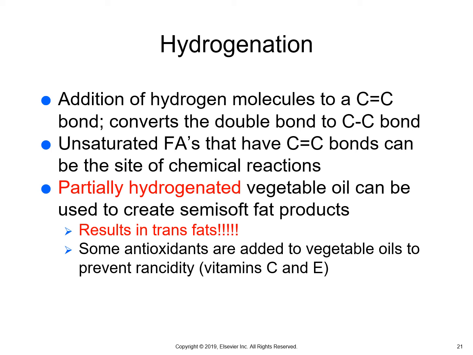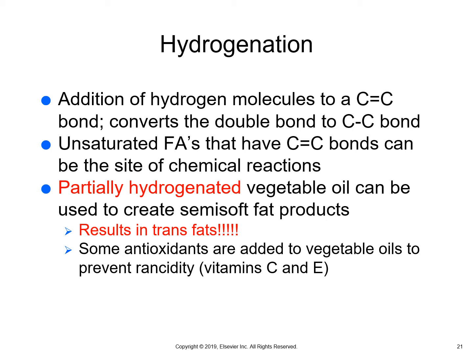So partially hydrogenated vegetable oil can be used to create that semi-soft fat product, which was really nice because we wanted it not to be liquid and not to be as hard as butter out of the refrigerator. So this was a good combination of both. It was spreadable and people liked working with that or cooking with that.